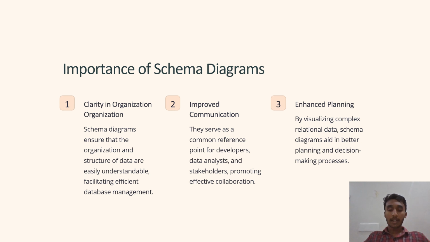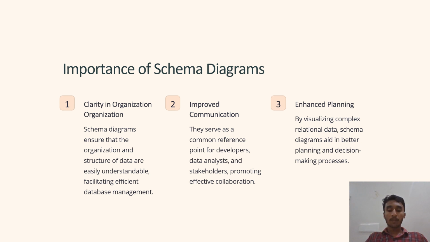Importance of schema diagrams. There are three types of important attributes that need to be understood in schema diagrams. The first one is clarity in organization, then improved communication, and enhanced planning. In the clarity of organization, the schema diagram ensures that the organization and structure of data are easily understandable, facilitating efficient database management.